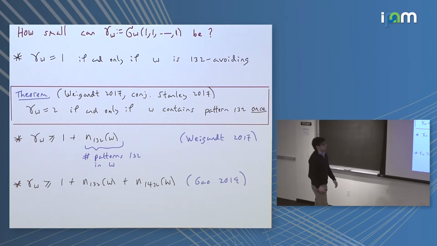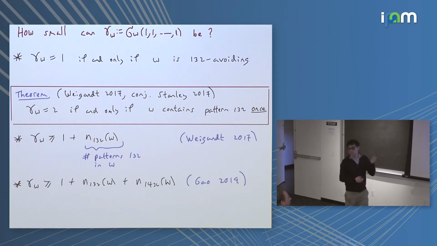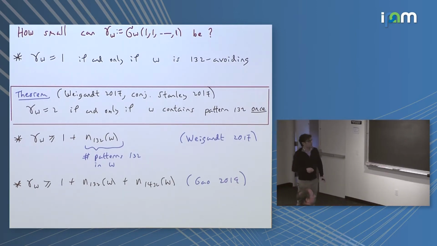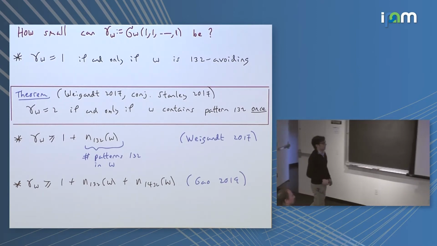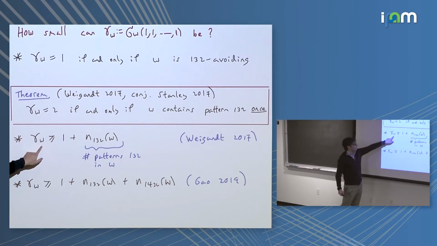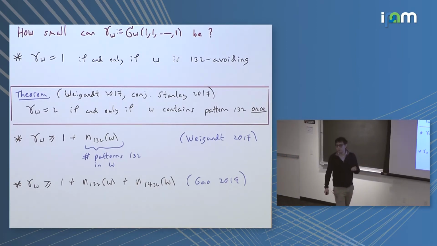Stanley conjectured that it's equal to 2 if and only if the permutation contains the pattern 1, 3, 2 once. And this was proved by Anna Weigandt and also by Greta around the same time. And Anna Weigandt showed that actually the principal specialization of any permutation is bigger than or equal to 1 plus the number of occurrences of the pattern 1, 3, 2 in the permutation.